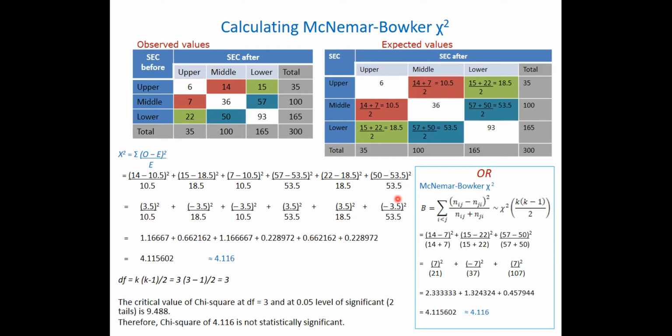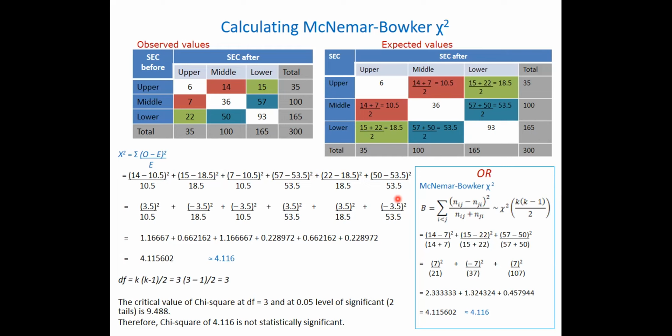Now, what is very paramount is how do you calculate the expected value here? You remember that the concordant has no business here. The discordant are the ones that are useful in the calculation, because the concordant didn't change. Just like the way we calculated it for McNemar, you calculate it from the pair.